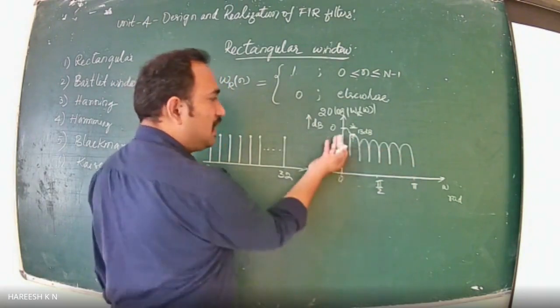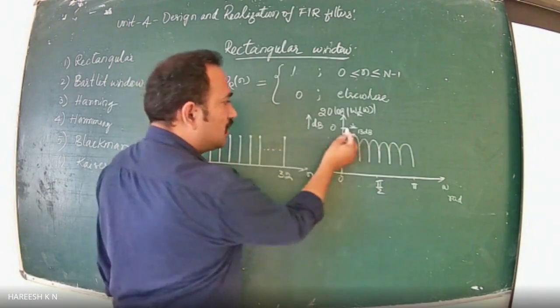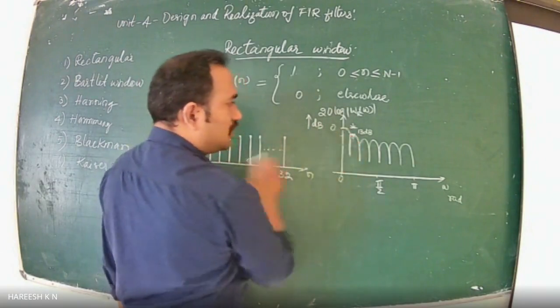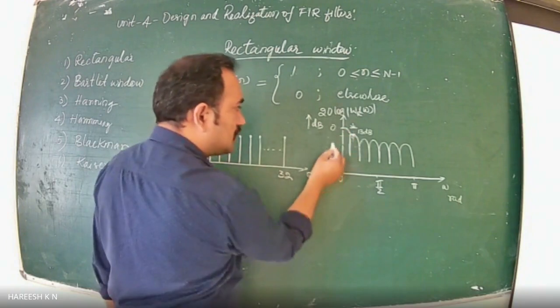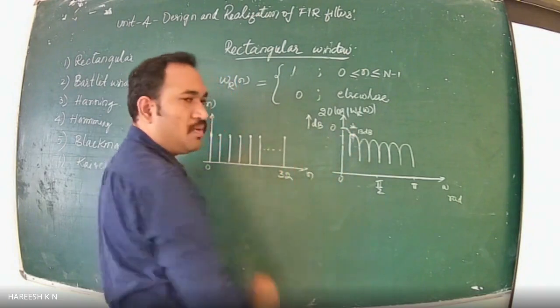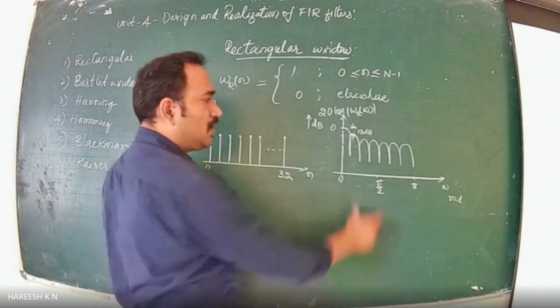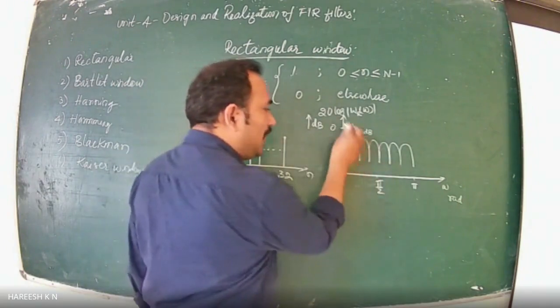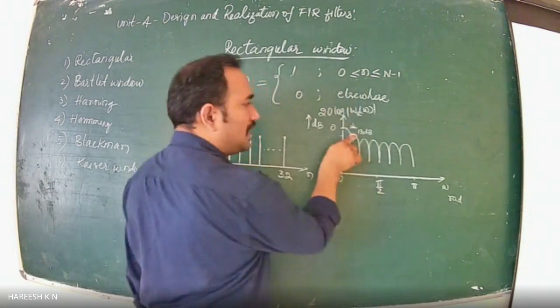If this is repeated on the left hand side, it will continue like this. The main lobe is associated with many side lobes. The first side lobe drops down to minus 13 dB.